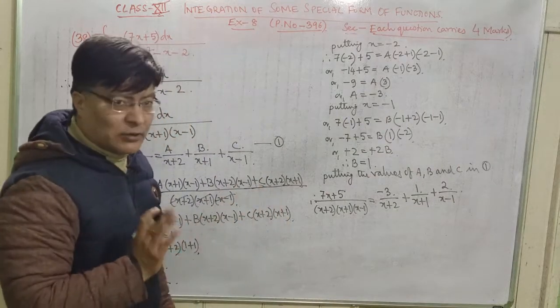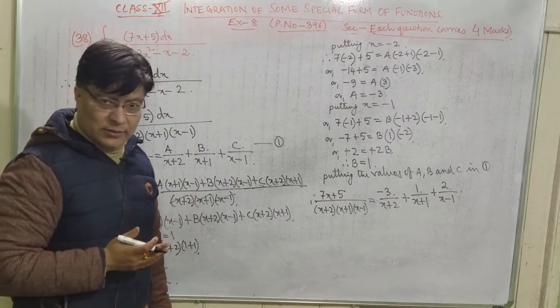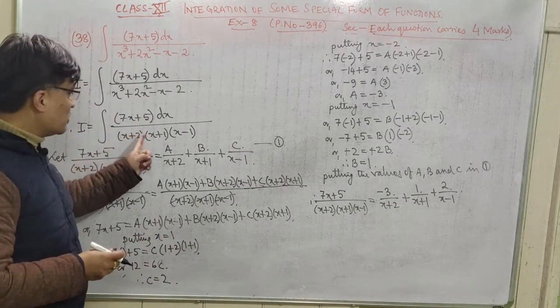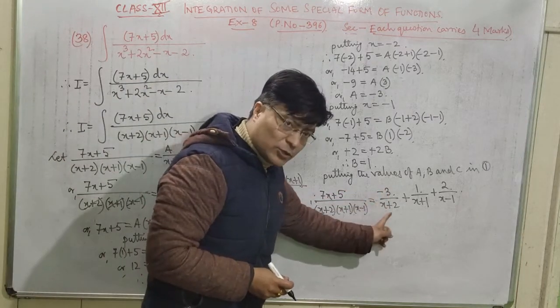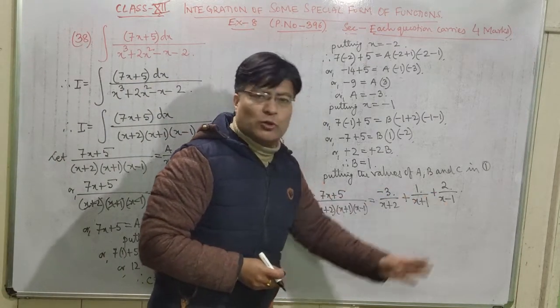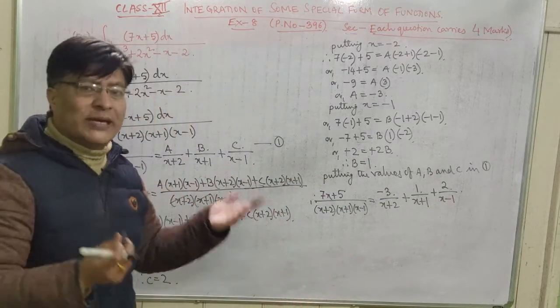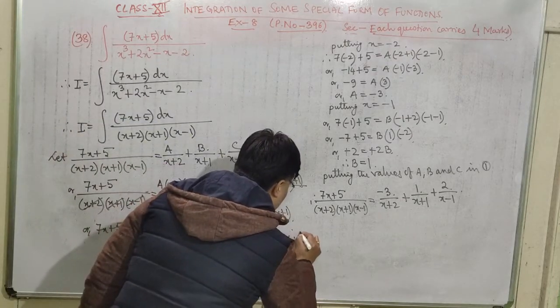So we have converted the given fraction in terms of partial fractions. Instead of 7x plus 5 divided by x plus 2 into x plus 1 into x minus 1, we will write minus 3 upon x plus 2 plus 1 upon x plus 1 plus 2 upon x minus 1, so that this integration can be separated and you can easily integrate them. So what is I now?